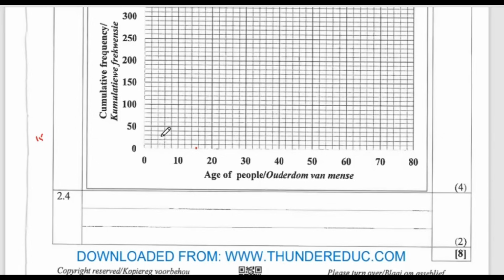This is 1, 2, 3, 4, 5, which is 10, 10. So it's going to be somewhere here. So this is the mark that I have.